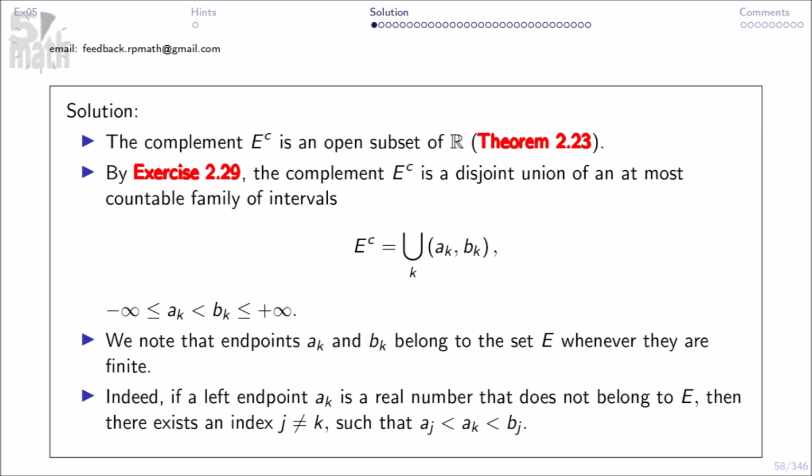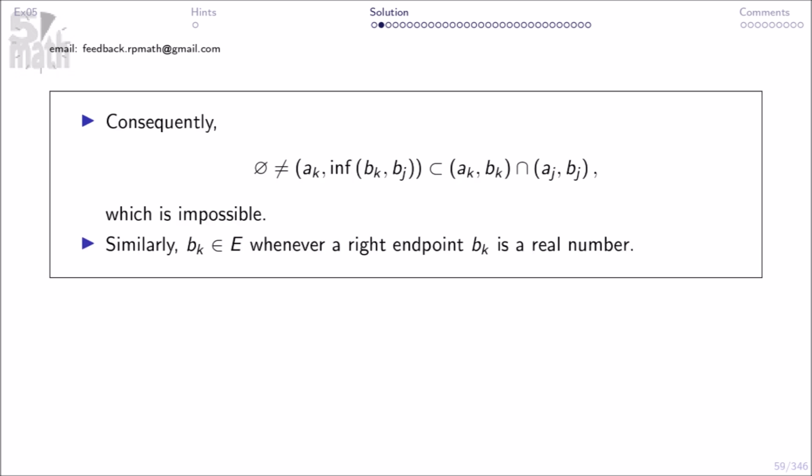Indeed, if a left endpoint a_k is a real number that does not belong to E, then there exists an index j not equal to k such that a_j < a_k < b_j. Consequently, this, which is impossible. Similarly, b_k is an element of E whenever a right endpoint b_k is a real number.